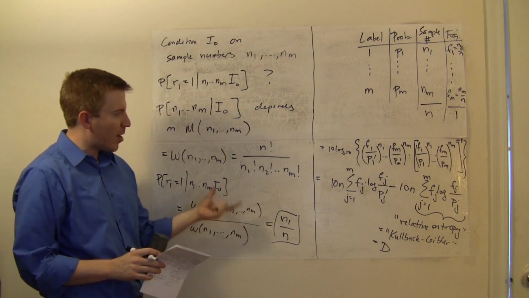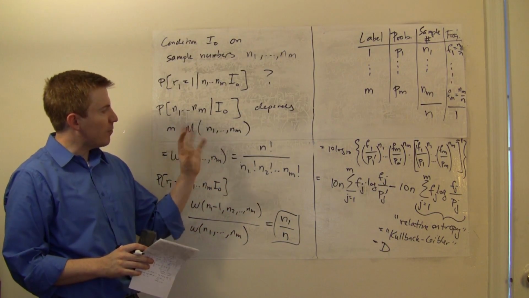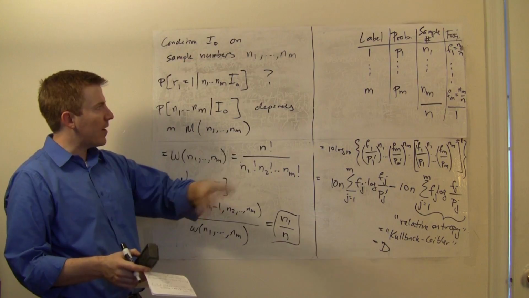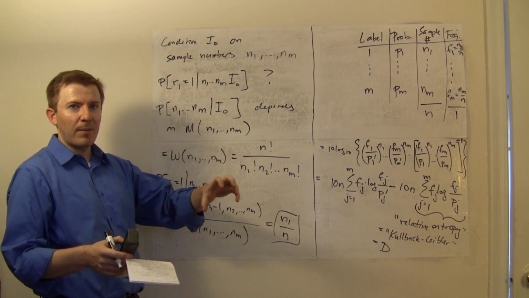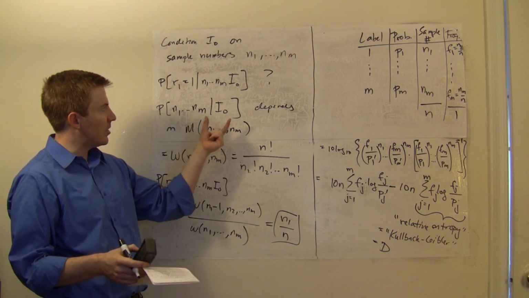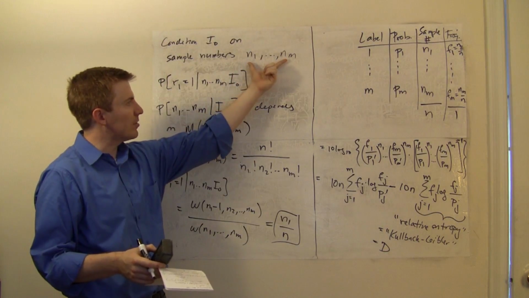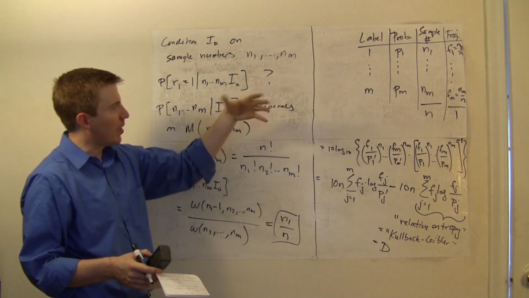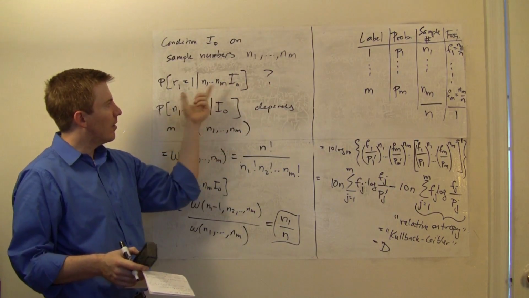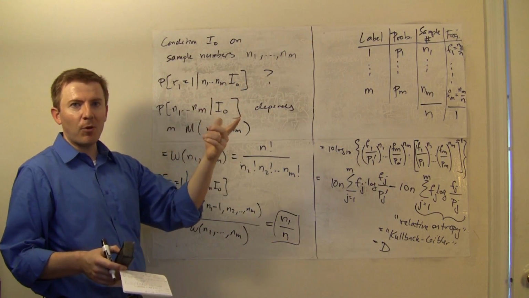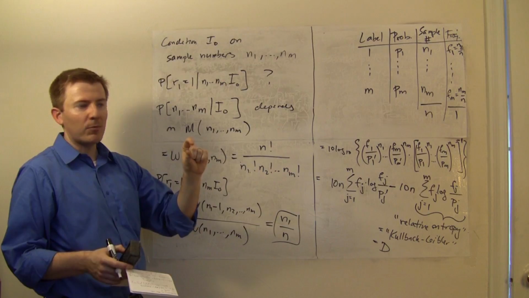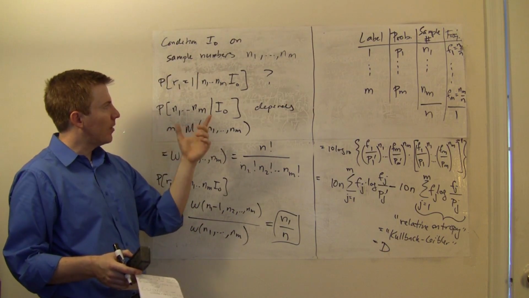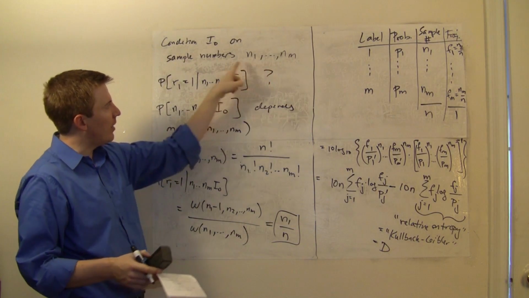So this is just a combinatorial result that if we start with all of the possible m to the n outcomes, and we condition on having particular sample numbers, basically particular numbers of each one coming up a certain number of times, we still don't know anything about the order. So this is the essence of it. We know that we got result 1 n1 times.